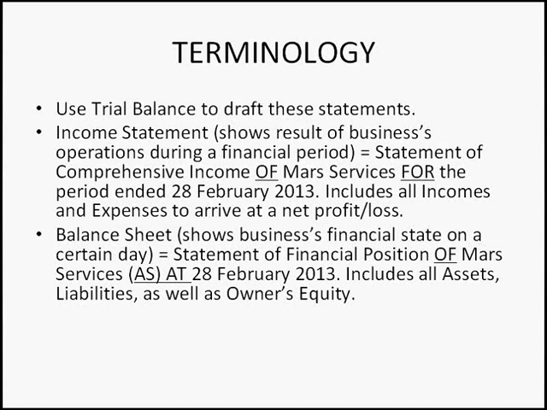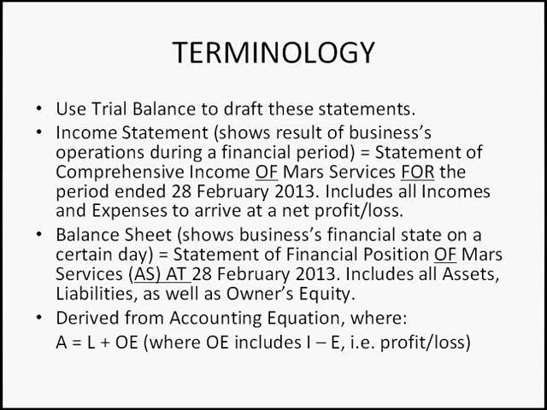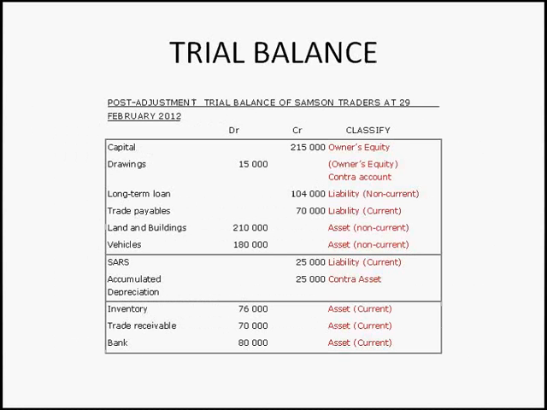So normally the first thing we do when we look at the trial balance is we decide on the classification of assets. So we look at the elements. In this case, there's capital, drawings, long-term loan, trade payables, land and buildings, vehicles, SARS, and a whole lot of others.